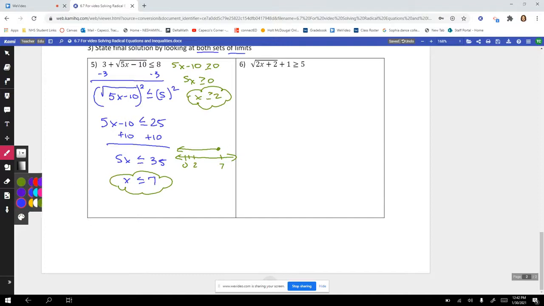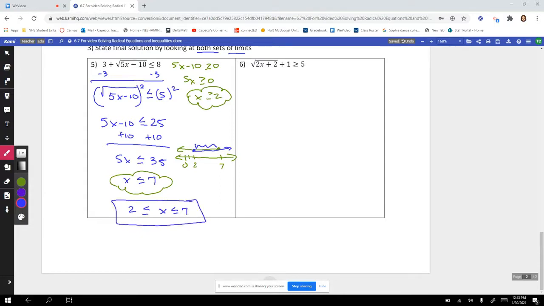If I'm talking about numbers that are greater than or equal to 2, we're going this way. So you can see the overlapping pieces in between, because x has to be greater than or equal to 2 and also less than or equal to 7. So that's going to be your final compound inequality statement. Those values within that parameter will work in giving us a true statement for number 5.